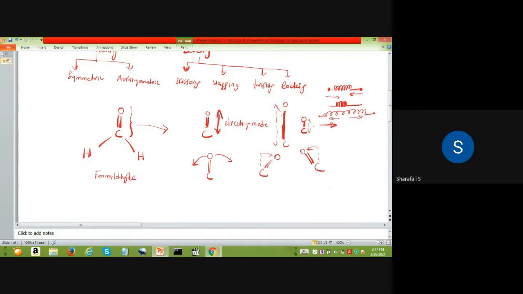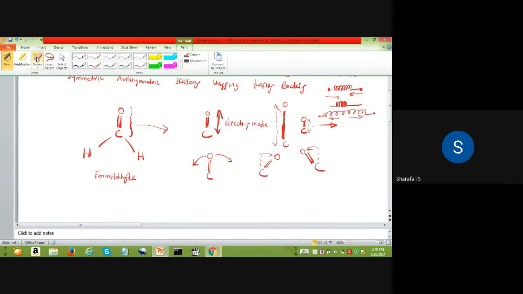Each time you have stretching, compression, stretching, compression, that will produce this vibration, and that vibration will have some frequency. So when that stretching and compression happens every time, it will have some particular frequency of vibration, which means that with respect to the mean distance, your R is going to be varied. It will be increasing and decreasing, again increasing and decreasing like that, and it will produce some kind of vibration.